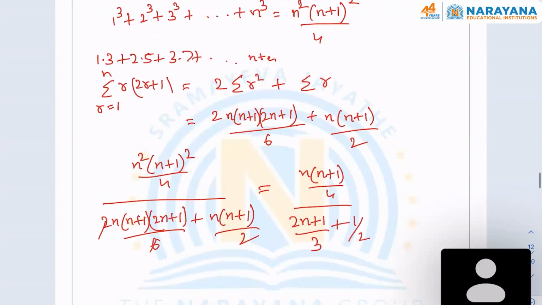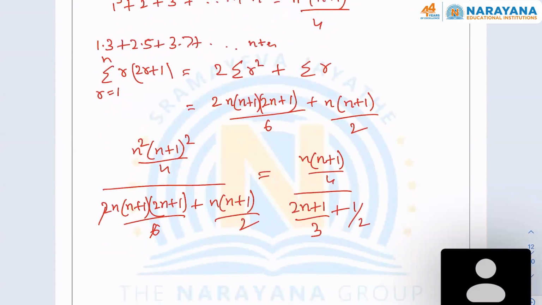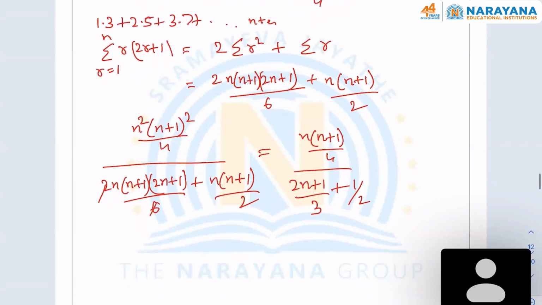Okay, I'm taking out n into (n plus 1). So this is equal to n(n plus 1) by 4, and in the denominator we will get 2 by 6, so 4n plus 2 plus 5. So 4n plus 5 by 6, n(n plus 1) by 4.